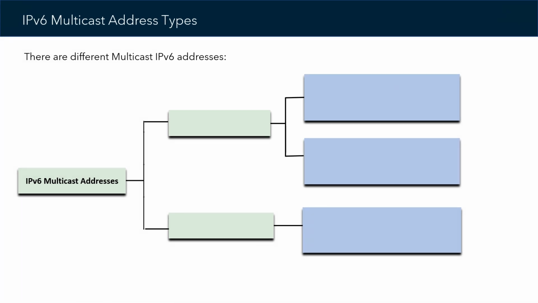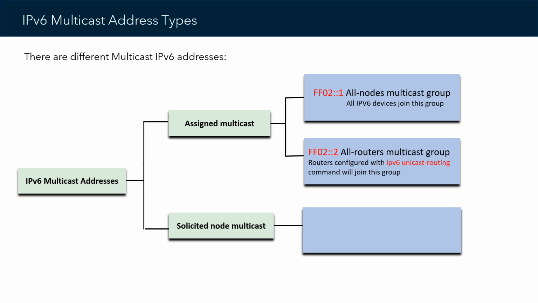There are different multicast IPv6 addresses. They are assigned multicast and solicited node multicast. Assigned multicast could be all nodes multicast group and all routers multicast group. Anytime that you configure a device with an IPv6 address, it will automatically join the all nodes multicast group.